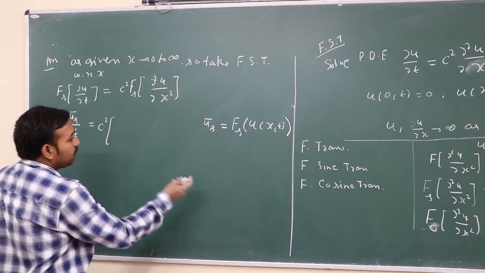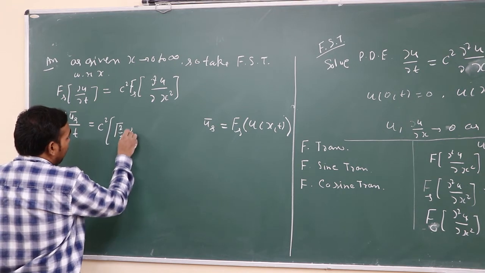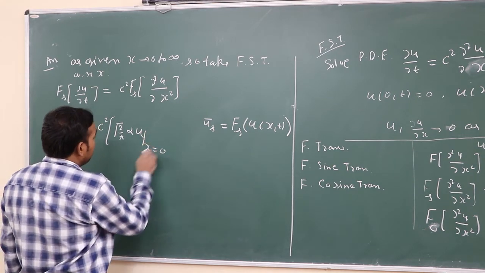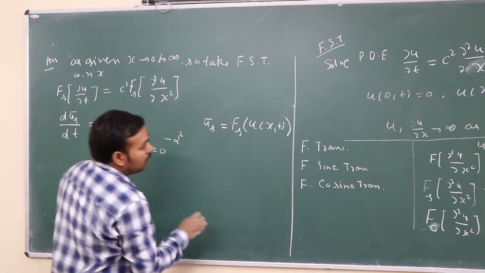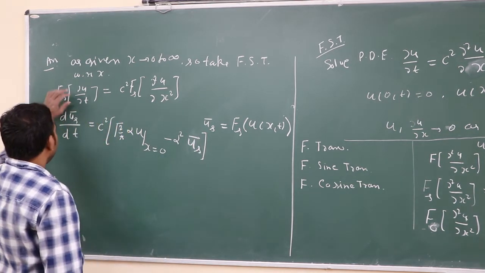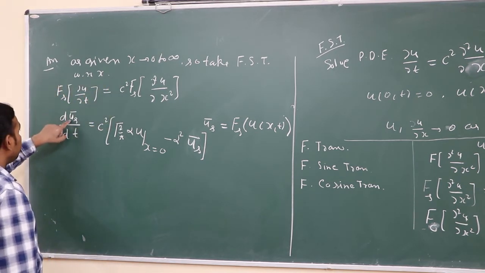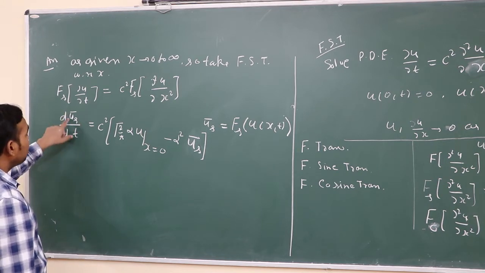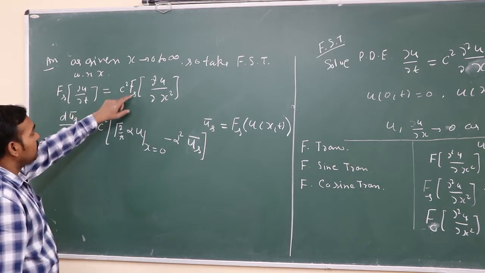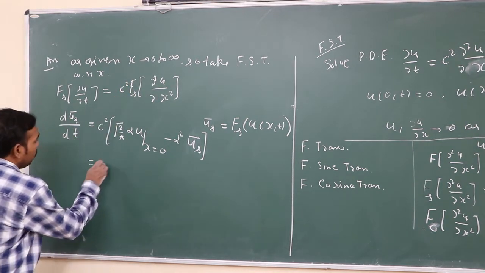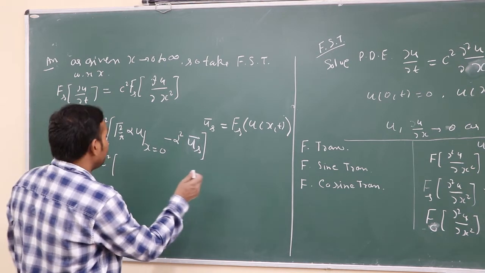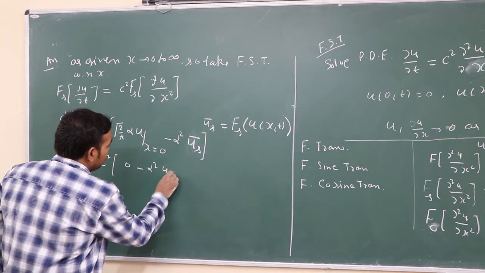We know that the Fourier sine transform is under root 2 upon pi, alpha times the value of the unknown at x equal to 0, minus alpha square u_s bar. So du_s bar/dt equals c square times (the value of the unknown at x equal to 0, that is 0, minus alpha square u_s bar).